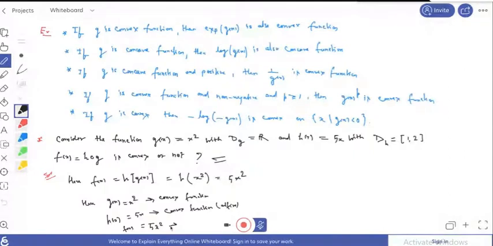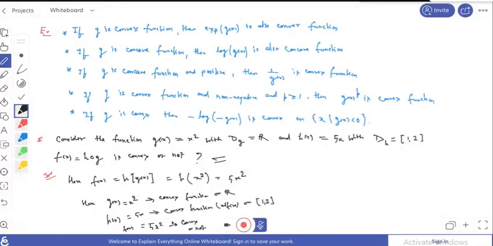Is this convex or not? Some students say this function is convex because it is a square function. But this convex function is convex on the real line R, and hx is convex on the set 1 to 2.